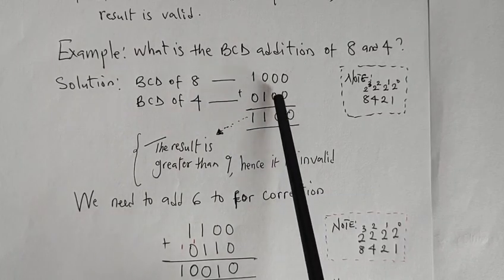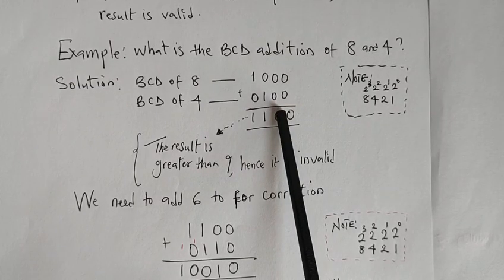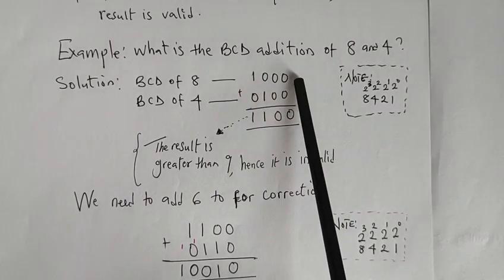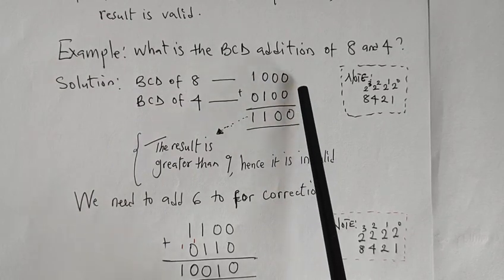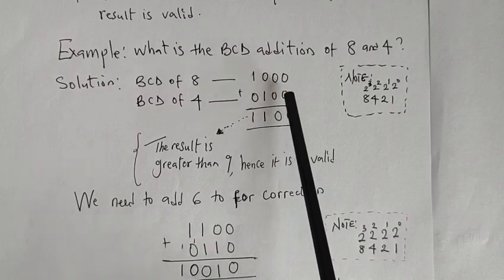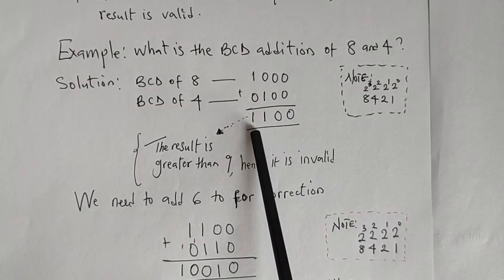Now we need to take the sum of these two decimals because that's what the question says, the addition of the BCD. Now we have gotten the BCD equivalent. Now let's add both together. 0 plus 0 is 0, 0 plus 0 is 0, 0 plus 1 is 1, 1 plus 0 is 1.